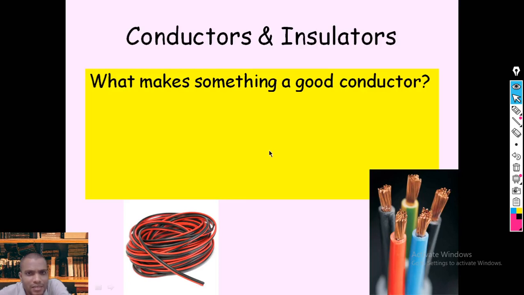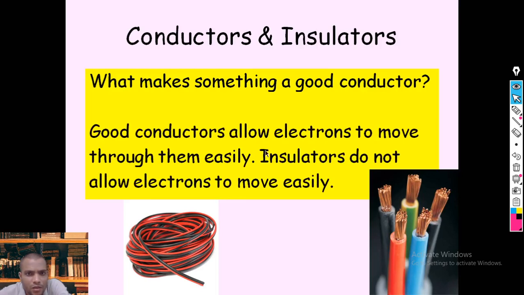And what makes something a good conductor? Good conductors allow electrons to move through them easily. That's the reason copper, aluminum, gold, silver, all metals, are good conductors of electricity, because they have more free electrons.